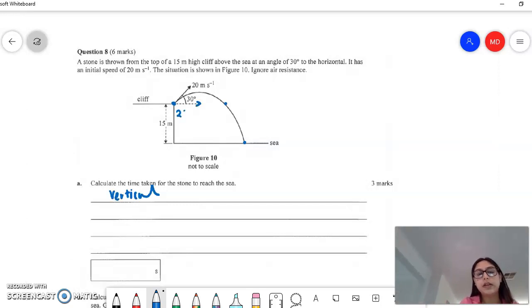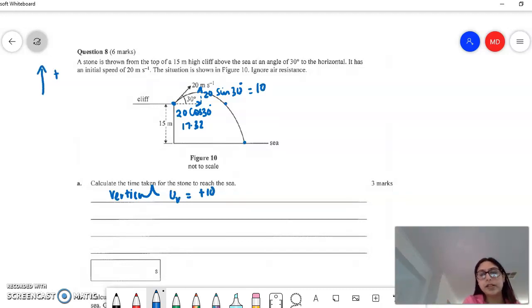Again, let's find the components: 20 cos 30, which is 17.32, and 20 sin 30, which is 10. For vertical motion, the initial speed is positive 10, taking upward as the positive direction. Acceleration is negative 9.8 because it's a projectile.